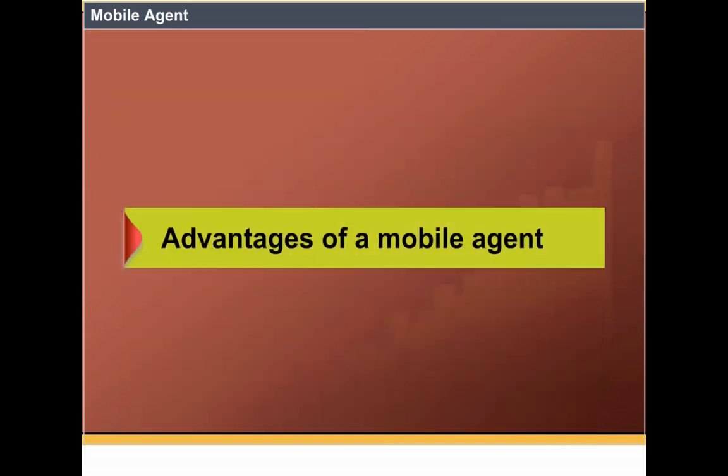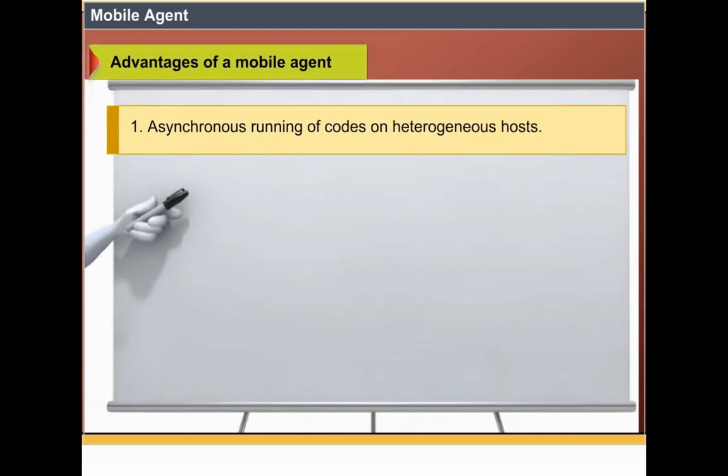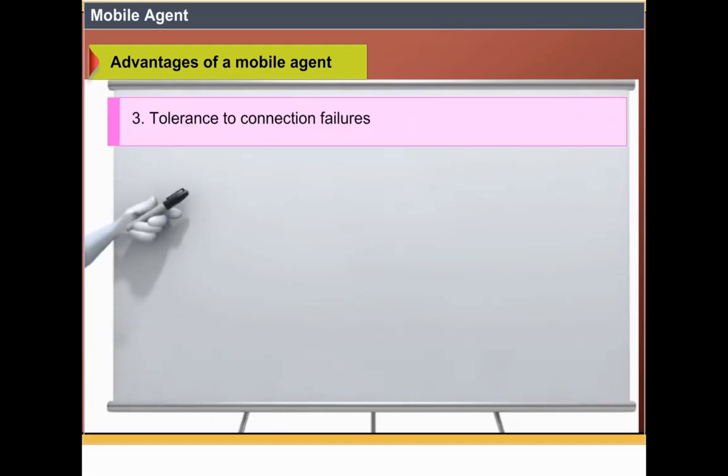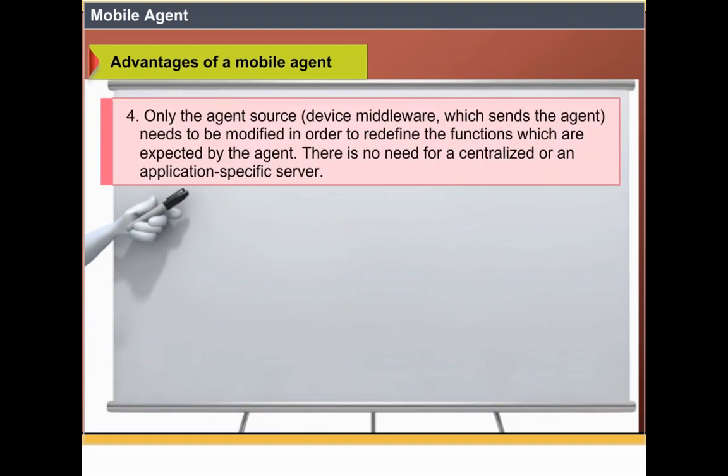Advantages of a mobile agent. Asynchronous running of code on diversified heterogeneous hosts. Reduced computational and data requirements on the devices with limited resources. Tolerance to connection failures. Only the agent source, for example, device middleware which sends the agent, needs to be modified in order to redefine the functions expected from the agent.